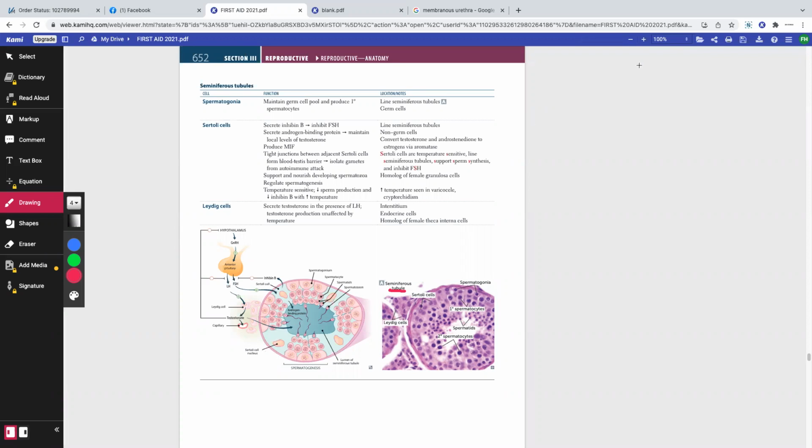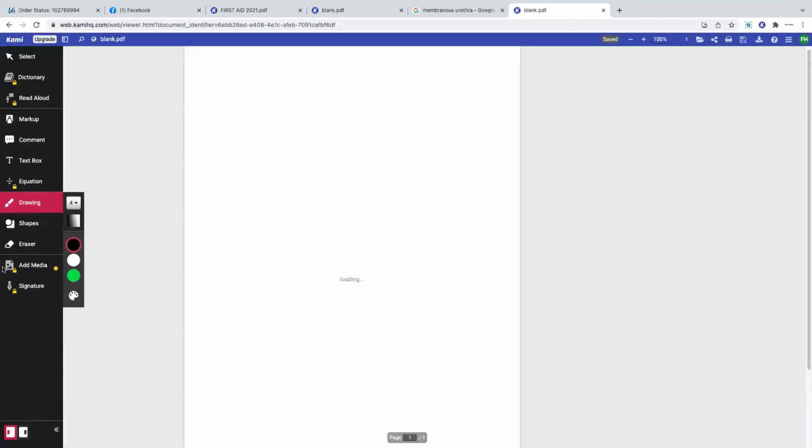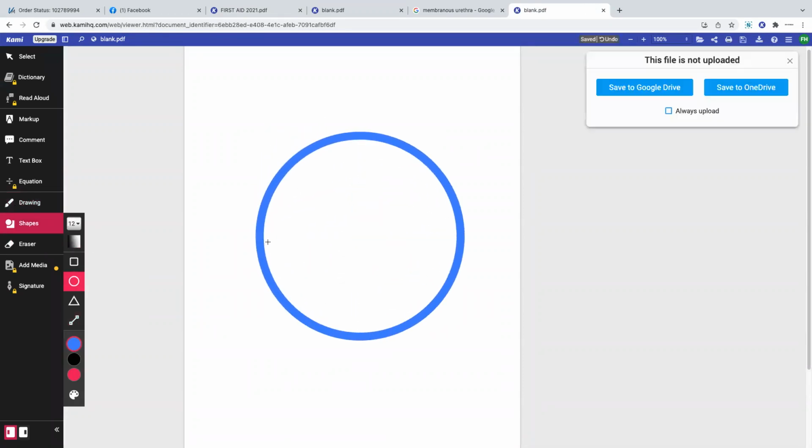Okay, let me just draw this diagram over here so that you can understand this. It's important. I'm going to tell you why. So we are drawing these seminiferous tubules, which is shaped like a circle, like this. Okay, and this circle over here, they have a lot of cells like this.